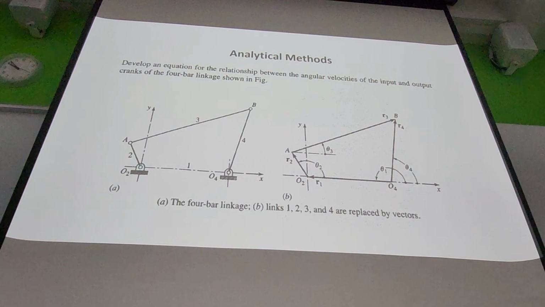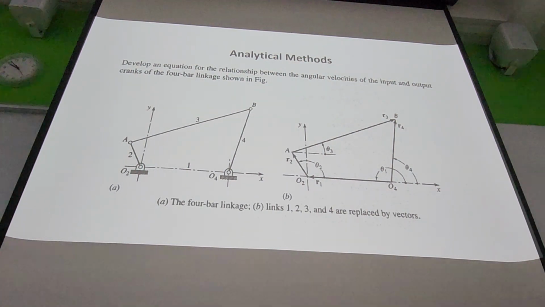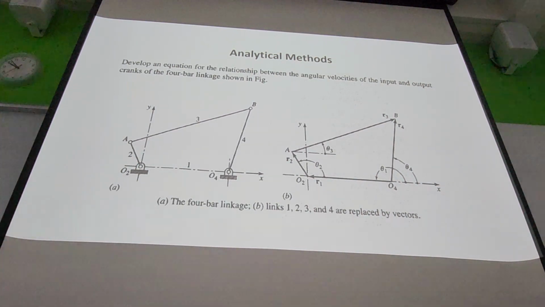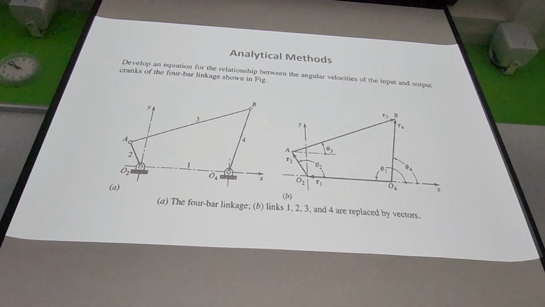After this, we move on to the analytical method. We have done the graphical velocity analysis and graphical acceleration analysis. In acceleration analysis, the Coriolis acceleration component comes in. That replaces the tangential acceleration when we have a point common to two links, a slider which is connected to two links.